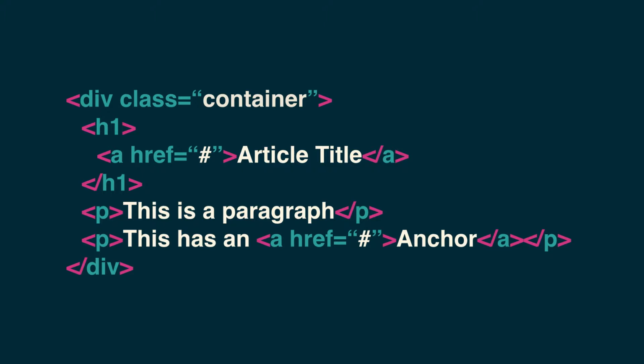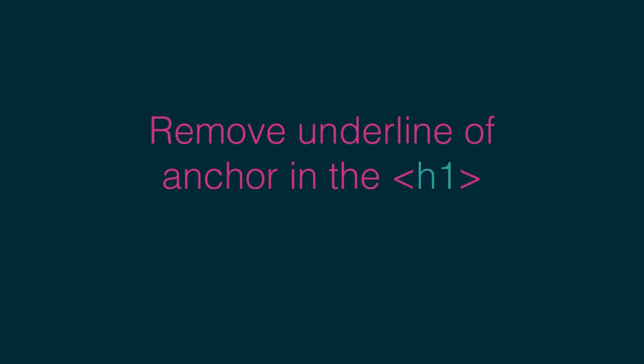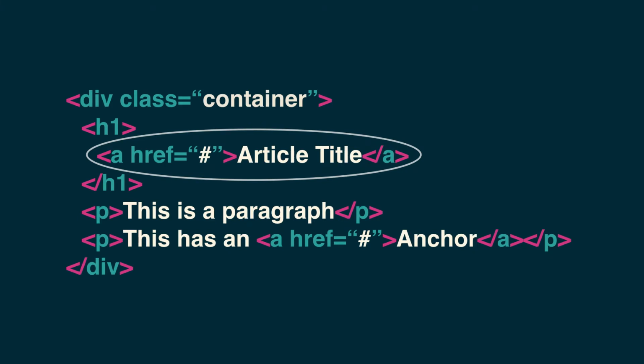In this case, the anchor tag would inherit the larger text size of the H1, but it would still be blue and underlined. So what we want to do is get rid of the underline. Without changing the HTML at all, how could we target that element to style it? This is the element that we want to style.